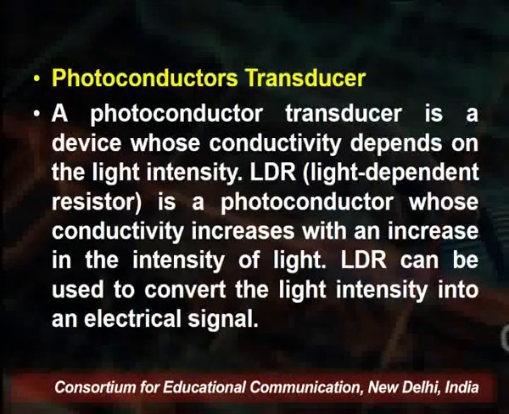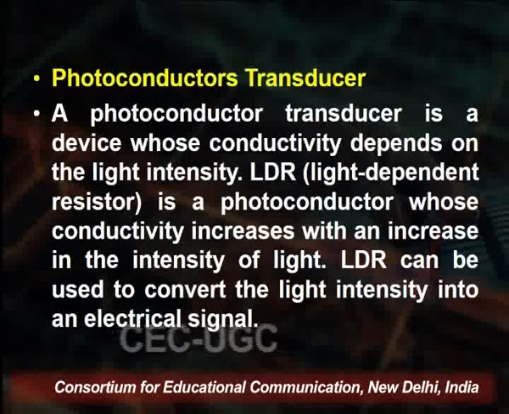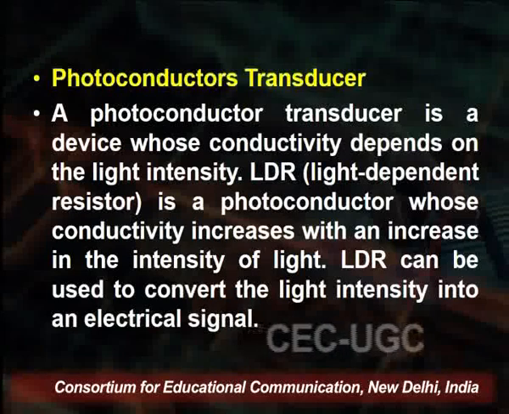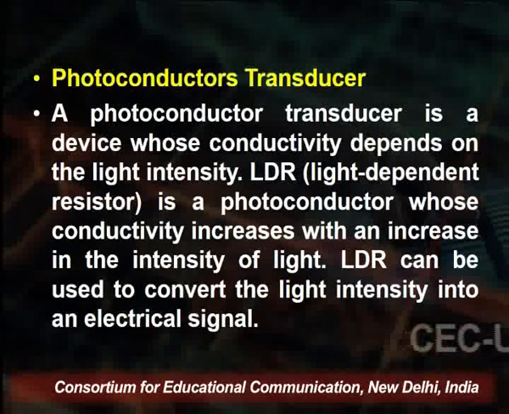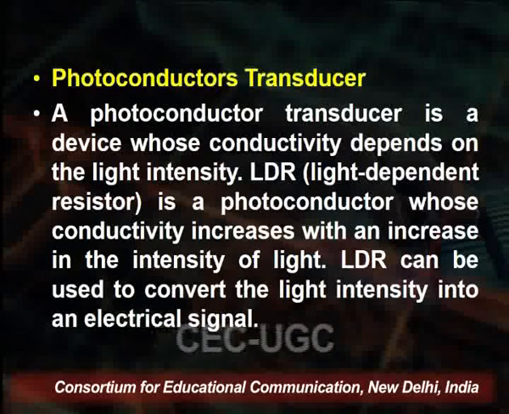So next is the photoconductor transducer. As we discussed, the photoconductor uses light, and it is based upon light dependent resistors. A photoconductor transducer is a device whose conductivity depends upon the light intensity, that is, how much light is falling upon the surface, and how strong a signal we get depends upon the light intensity.